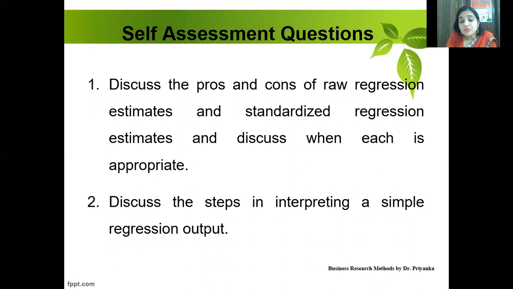This tells you the significance of the model, and the significance level should be defined before the analysis is run, whether it is 0.05 or 0.01. 0.01 is for 99% confidence and 0.05 is for 95% confidence. You decide which one to go for, and accordingly decide whether your model is significant or not.